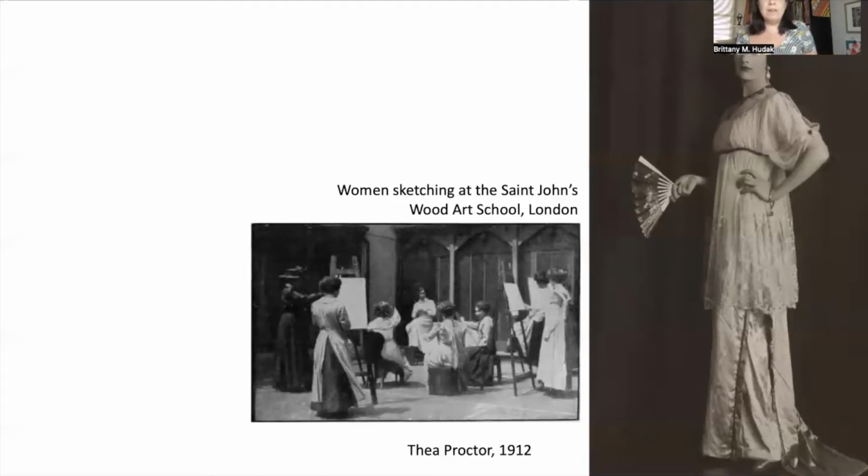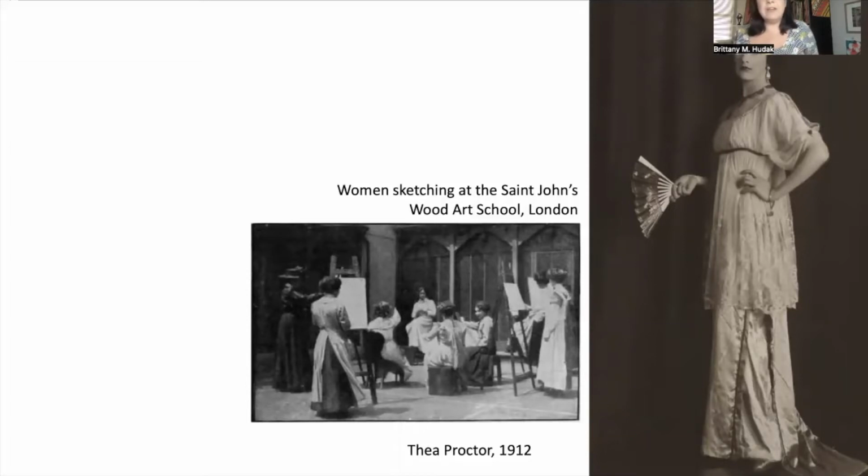So it was quite an undertaking for them to make this passage. But as white women of means, they were able to take this passage. And while it wasn't unusual for a woman to study art at this time, I mean, you can see in this picture right here, their numbers were far less than their male counterparts in these early years.